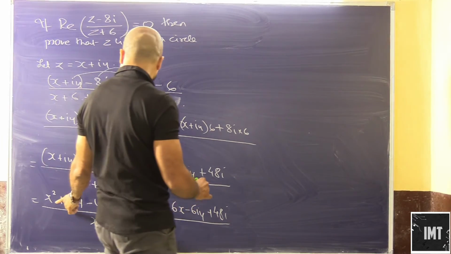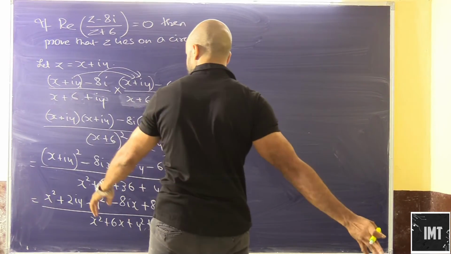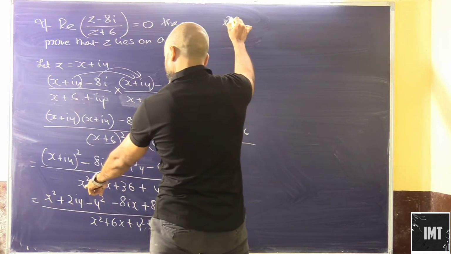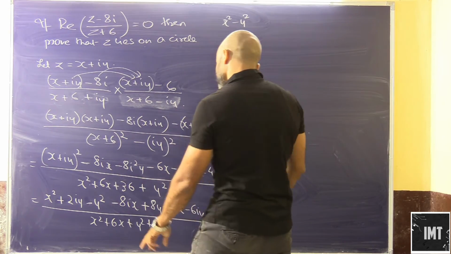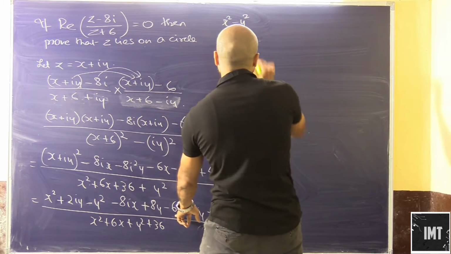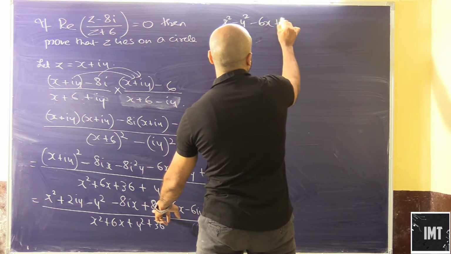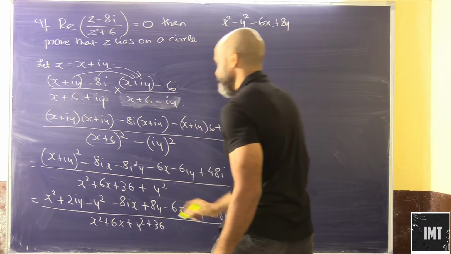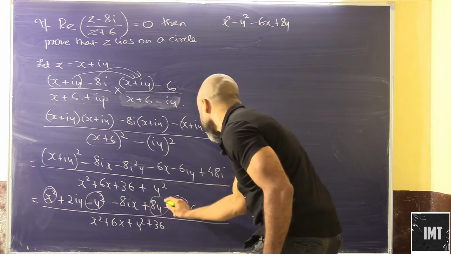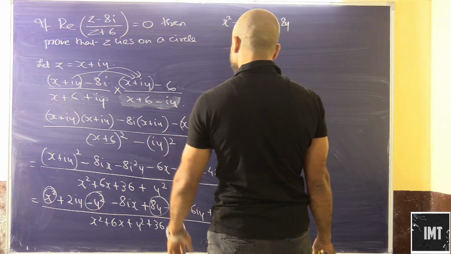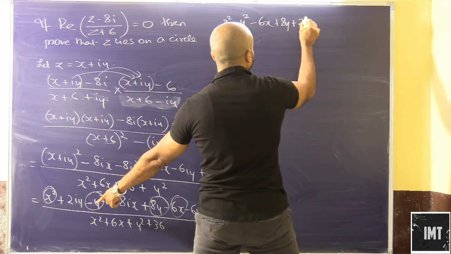So what do we have here? X square. So here we will have x square minus y square. I'm just placing all the minus 6x plus 8y. So the real parts have all been assembled at one place. X square minus y square minus 6x plus 8y. Okay, now we are left with the imaginary part. So here it will be plus 2i.